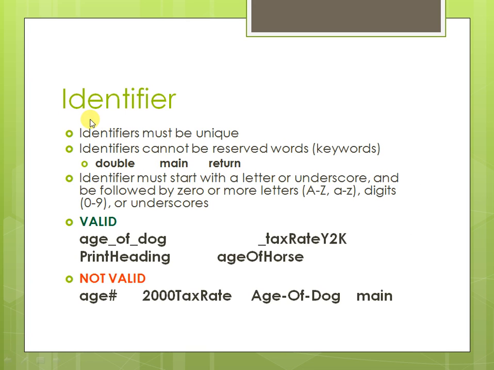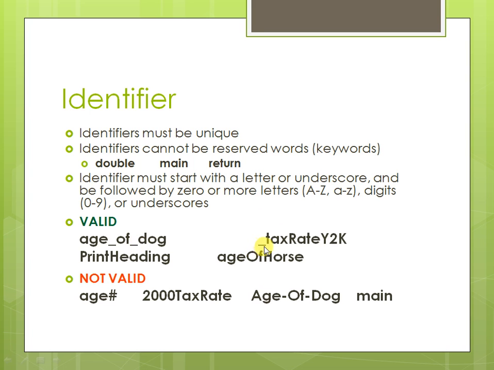Okay, if I am using an identifier, I can declare it with any name, but the rule says you cannot use spaces. Suppose I write age_of_dog as the name of a variable, it is 100% valid. But if I write age space of space dog, this is not valid. You can use an underscore, that is valid.